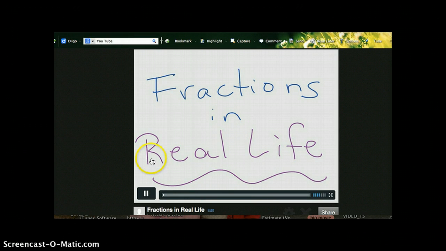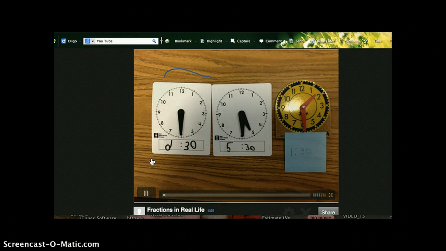In real life, this clock shows 6:30. The big hand went halfway around the clock. This clock shows 5:30.